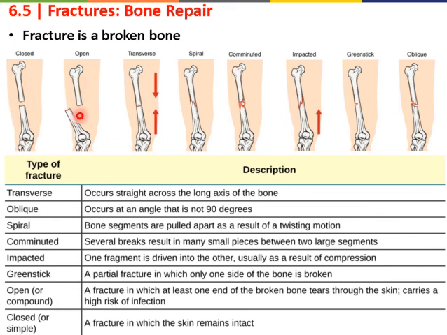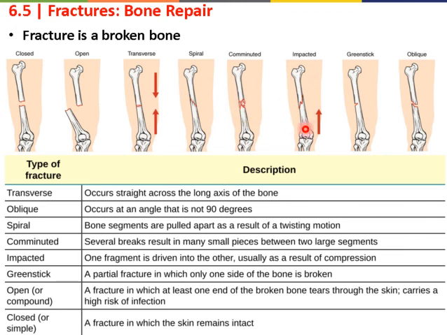Now, in the open fracture, one of the fracture sides is breaking the skin and getting outside. The transverse is the horizontal fracture, and we have the spiral, which is a twisting fracture, and we have the comminuted, which means several breakings at one side.